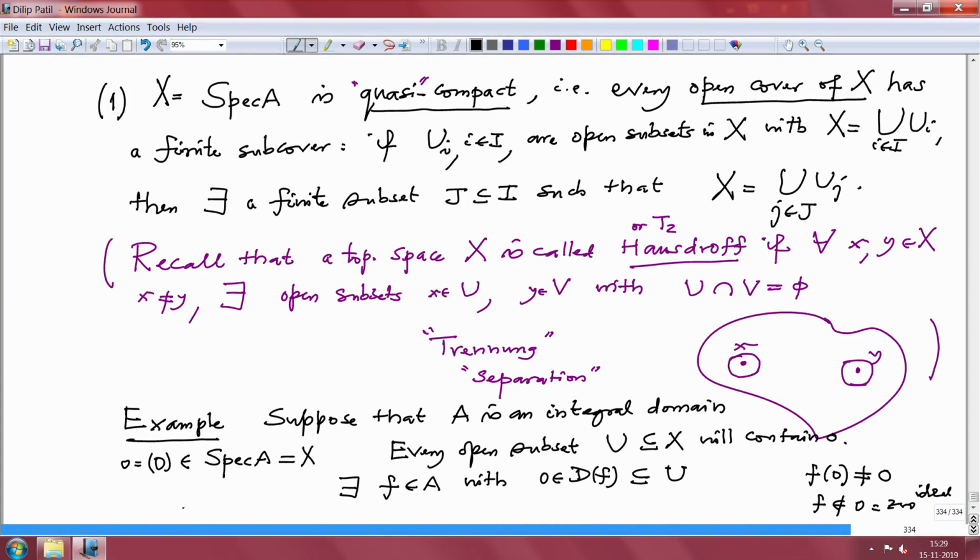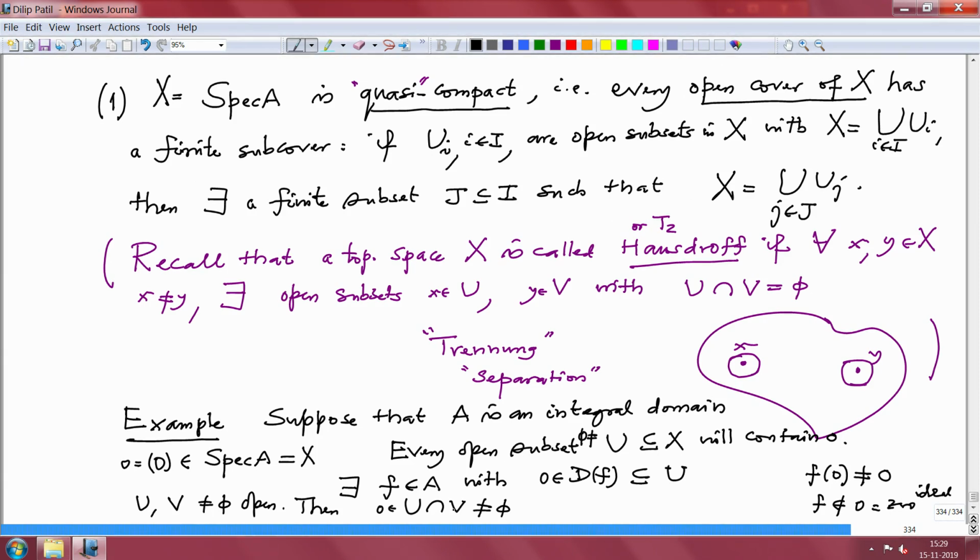Therefore, when I take any two non-empty open sets U and V, both non-empty open, then the intersection will always be non-empty, because 0 belongs to both.